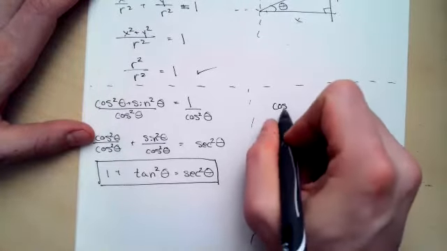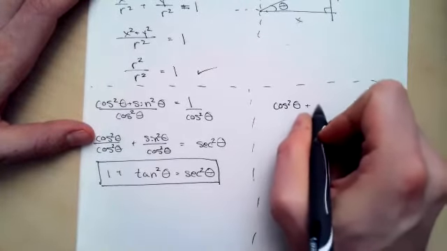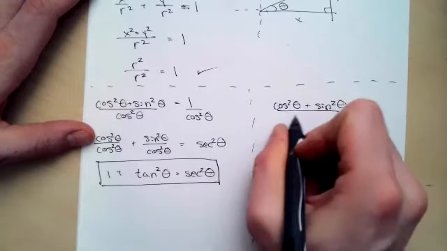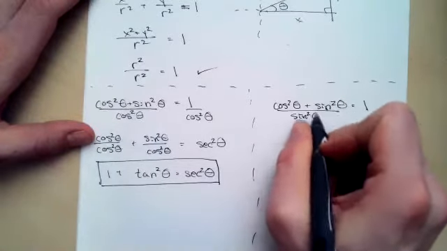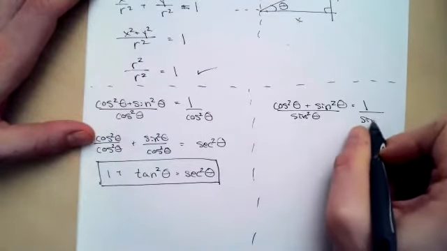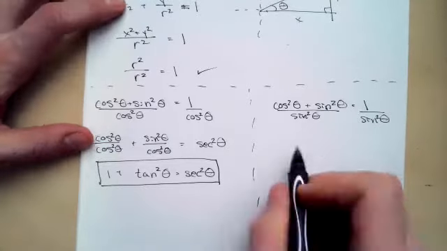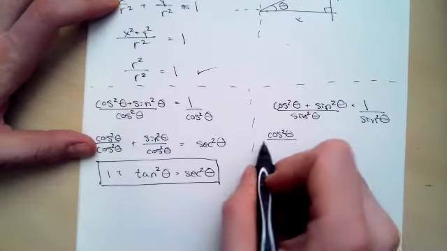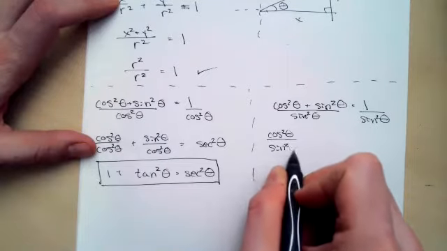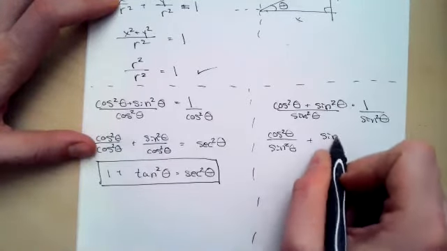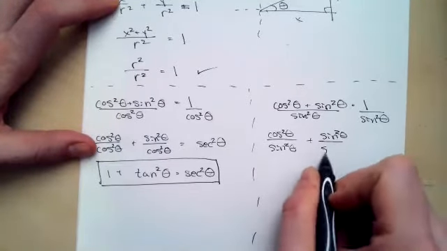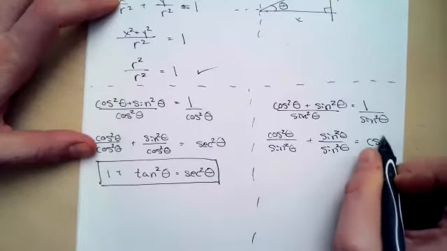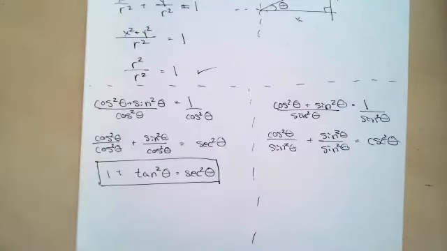Likewise, if we start with our original identity again, and instead divide by sine squared on both sides, we'll get cosine squared over sine squared plus sine squared over itself. And on the right, we have a cosecant squared.